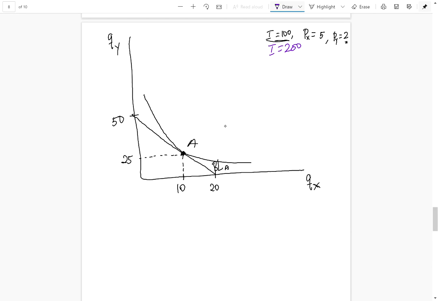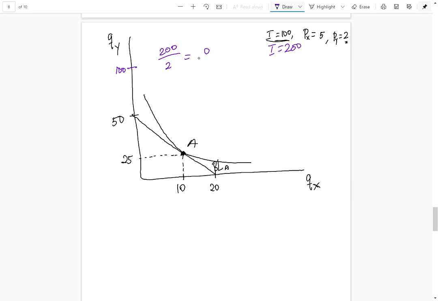With the new income of 200, if this person spends all of her money on good Y, so 0 good X, how many can she afford now? Income is 200, price of good Y is 2. She can actually afford to buy 100 units of good Y. So that's double, which makes sense because her income doubled.